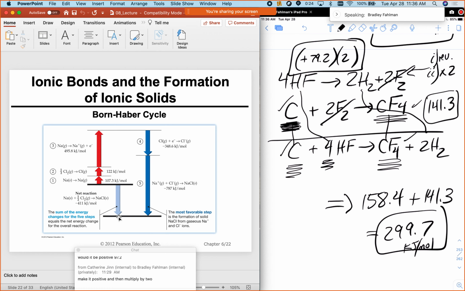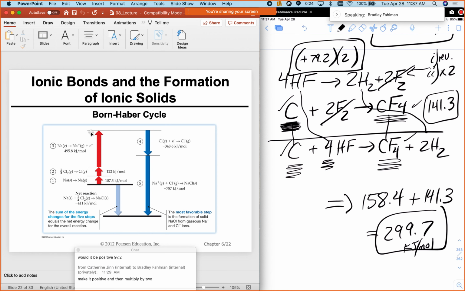So this is your delta H. Then as far as Hess's law here, these are all your steps. These are your endothermic steps, ones that require energy. So this one, you're vaporizing sodium, so you go from solid to gas, and then you break apart a chlorine molecule into a chlorine atom, and then you ionize the sodium.